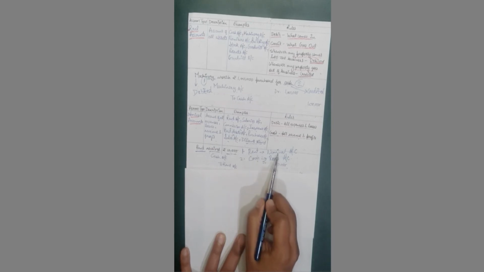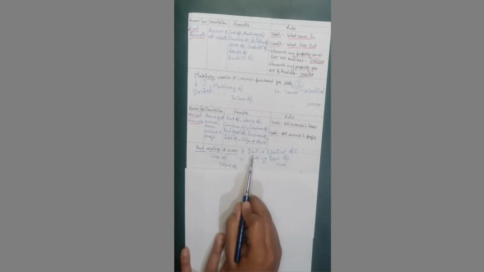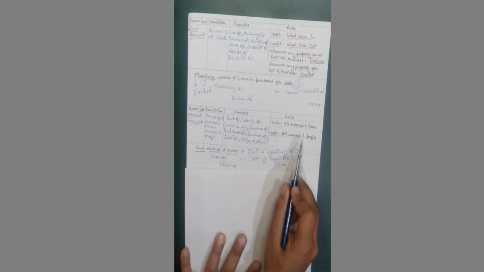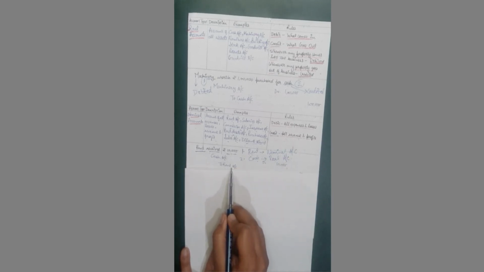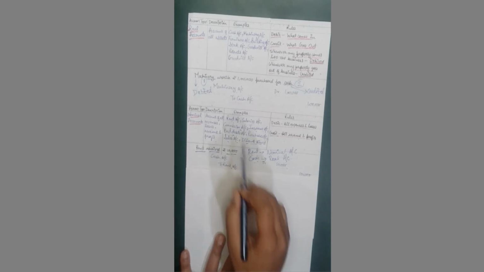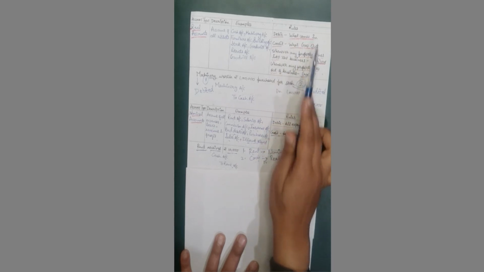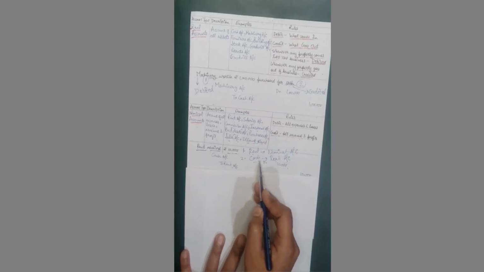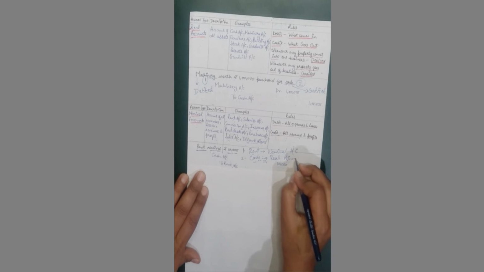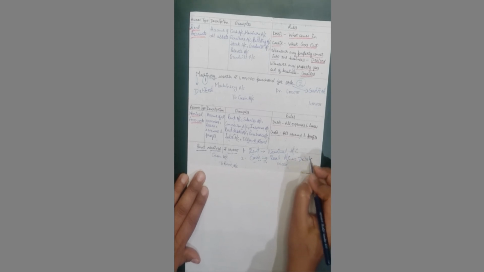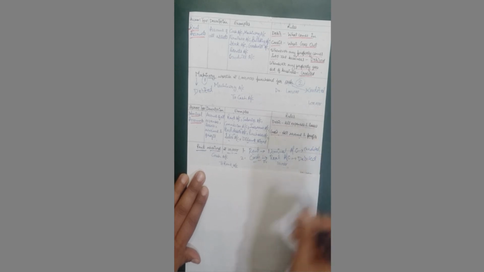Now apply the rules. Rent, nominal account. Rent is being received, so credit all the revenues and profits. So we will be crediting the rent account. And for the cash account, which is a real account, the rule is debit what comes in. Cash is coming into the organization, so cash will be debited and rent will be credited because rent is being earned.